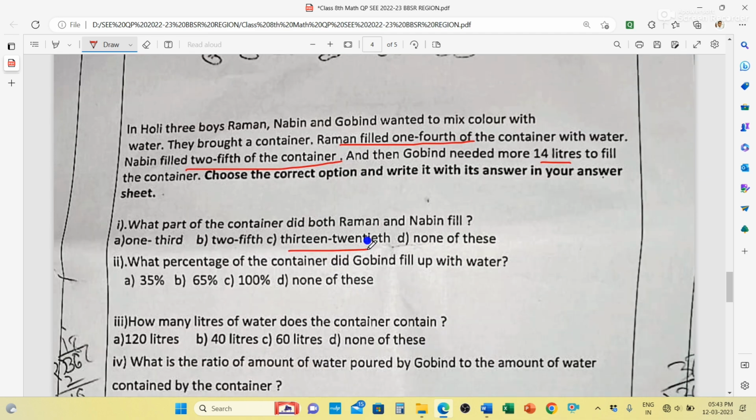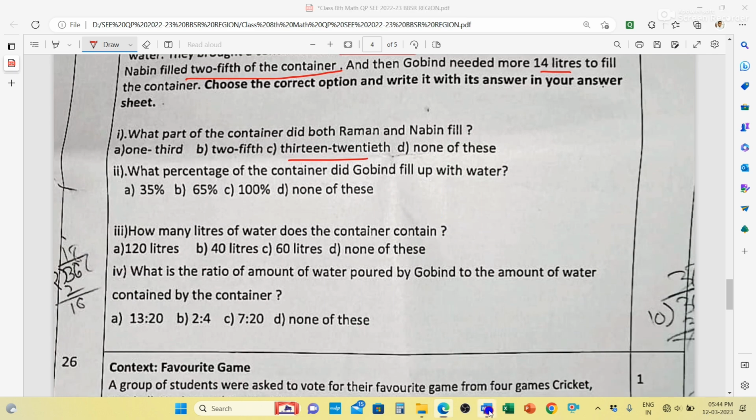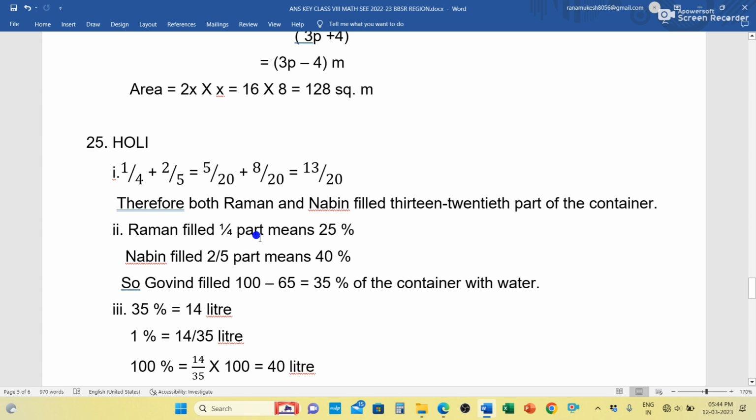What percentage of the container did Gobind fill up with water? Raman filled 1/4 part, which means 25%. Percentage means out of 100. So 1/4 means out of 4, 1.